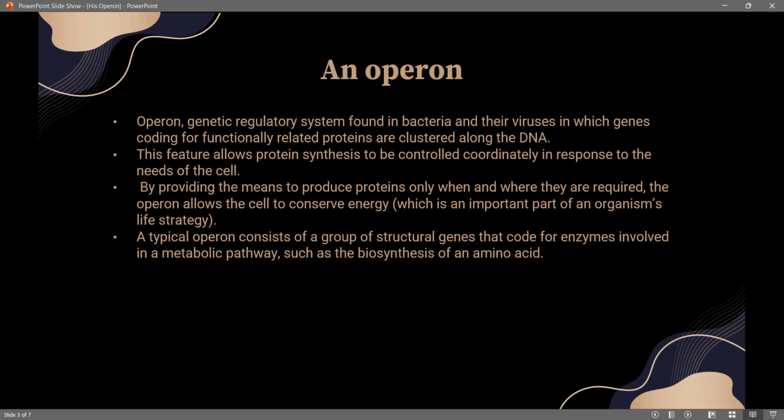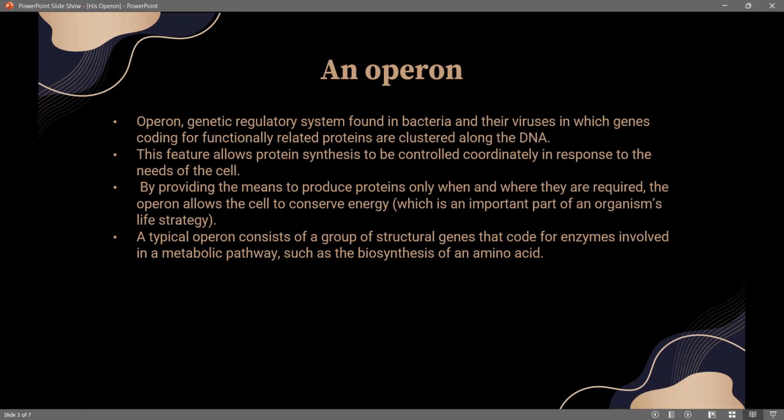Also, a single unit of messenger RNA is transcribed from the operon and is subsequently translated into separate proteins. The promoters are controlled by various regulatory elements that respond to environmental cues.